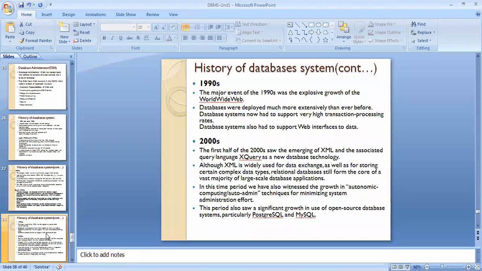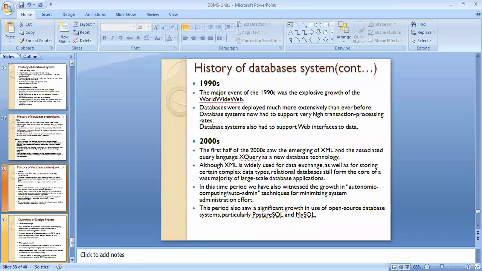The period also saw a significant growth in use of open source database systems, particularly PostgreSQL and MySQL. Okay, this is all about the brief history of database systems.